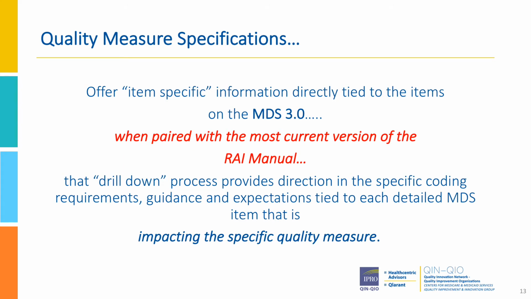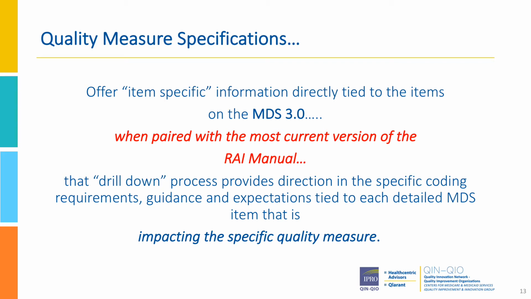The quality measure specifications offer item-specific detail tied directly back to identified entries on the MDS. If you investigate the actual coding guidance available in the RAI Manual, that drill-down process will provide direction in the coding requirements, along with the necessary guidance and expectations to impact your specifically targeted quality measures.